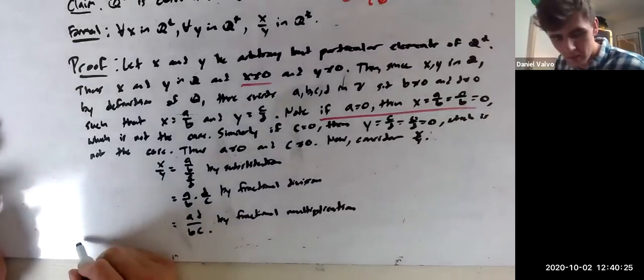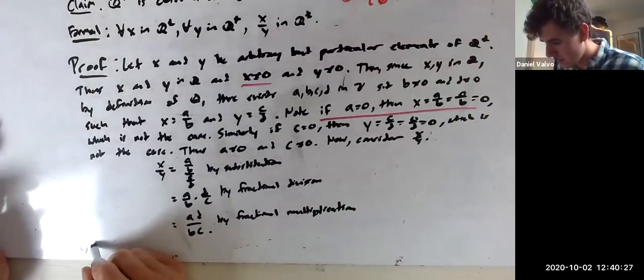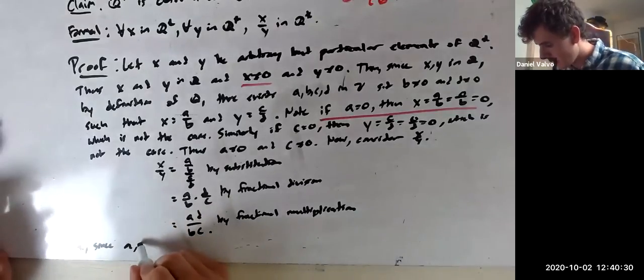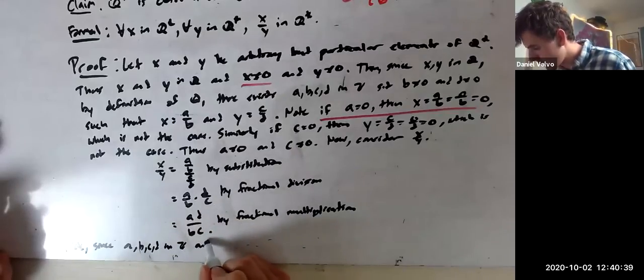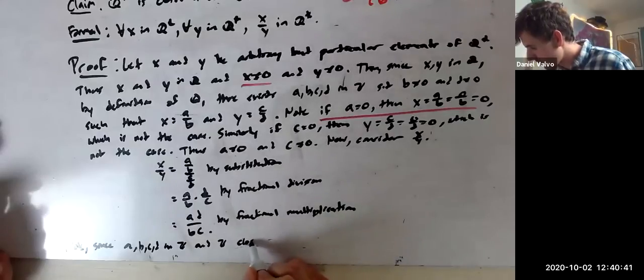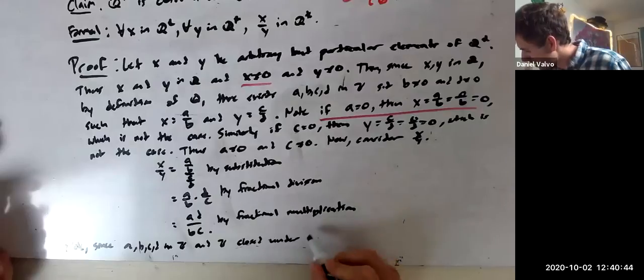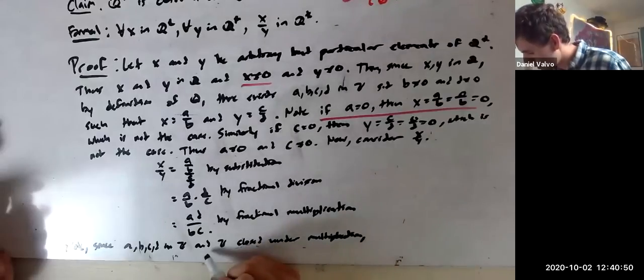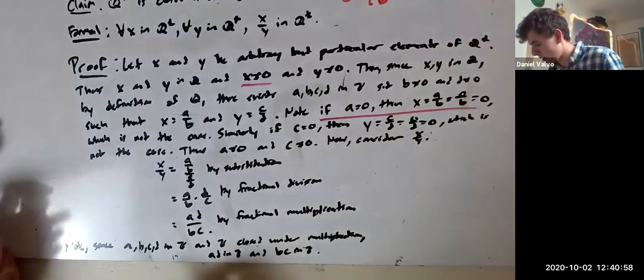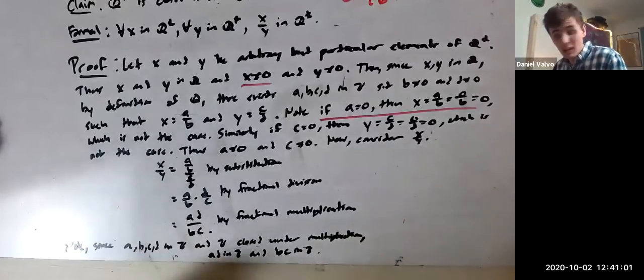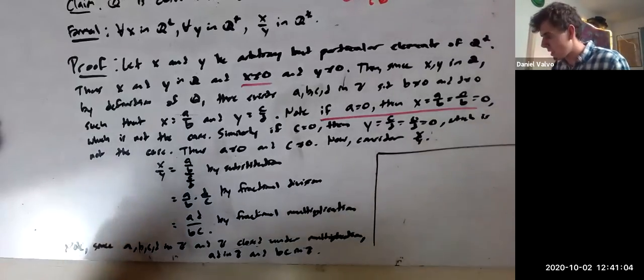So I'll say, note, since A, B, C, D are in Z, and Z is closed under multiplication as a fact, AD is in Z and BC is in Z. All right, so AD and BC are in fact integers.